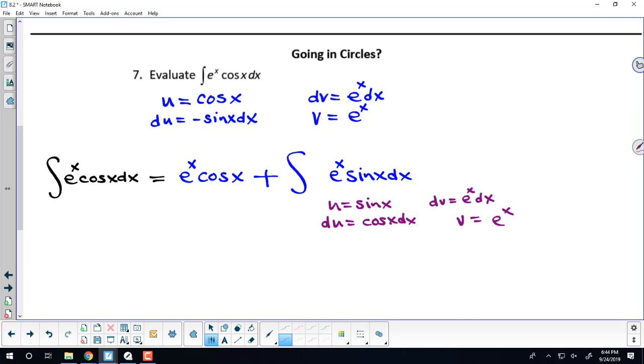I think this is always the important phase in which you do integration by parts more than once. Maybe not necessarily here because we don't have the minus integral, but a lot of times you have that minus integral of v du. And when you split the second integral up again into two different pieces, uv minus the integral of v du again, just be careful with those signs. So if it's uv minus the integral of v du, and that integral is then done a second time with integration by parts, you're going to break that up into another uv minus the integral of v du.